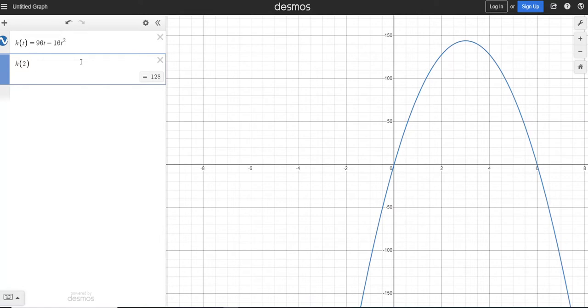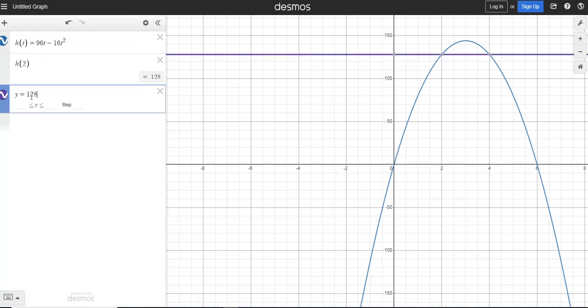The second question was, at what times are we 128 feet up? So if I just add y equals 128 to my graph, notice here we are on the way up. At 2 seconds, the height is 128. And here we are on the way down. At 4 seconds, the height is 128.